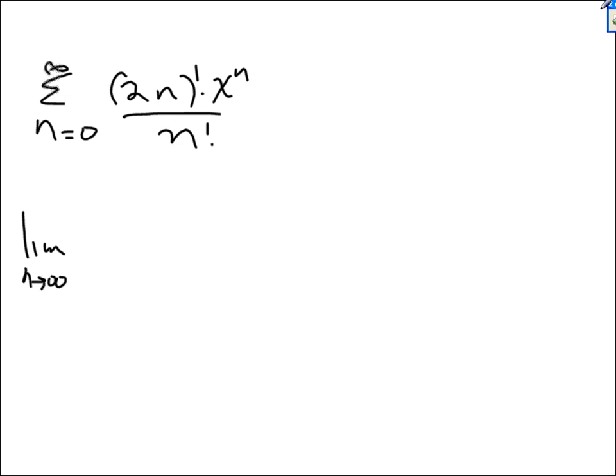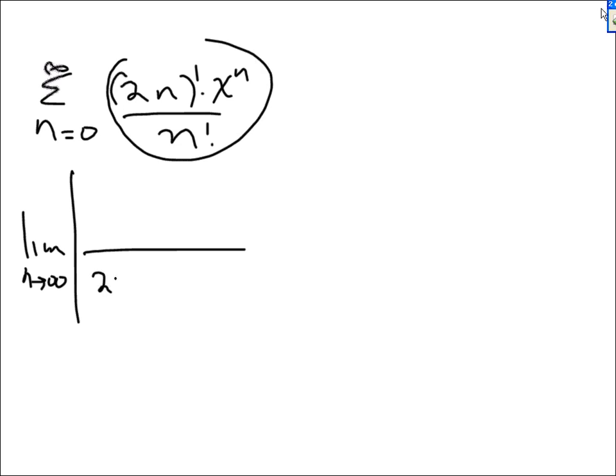Suppose you wanted to find the radius of convergence of this. This is code for apply the ratio test. You want the limit as n goes to infinity. In the bottom, you put the absolute value of this.